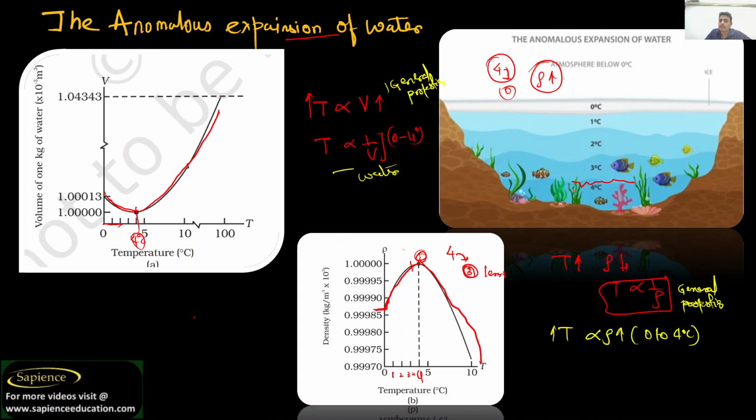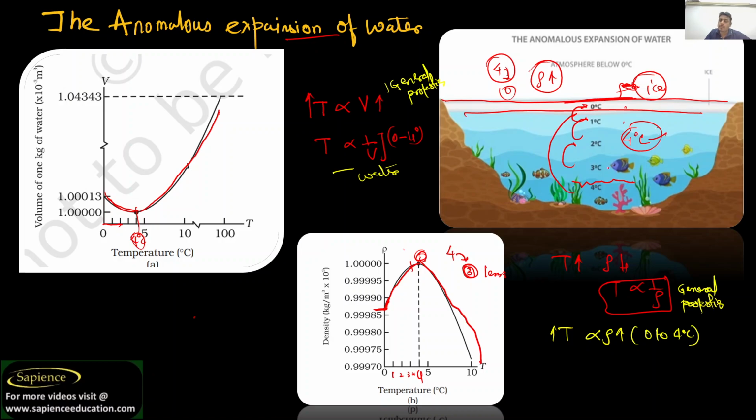So water with 3 degrees will go up, water with 2 degrees will go up more, water with 1 degree will go more above it, and water with 0 degrees will go more above it, and there will be frost, there will be ice formation. And this ice will protect the water so that its temperature will not reduce further. So the temperature of the water inside the body will remain 4 degrees Celsius.